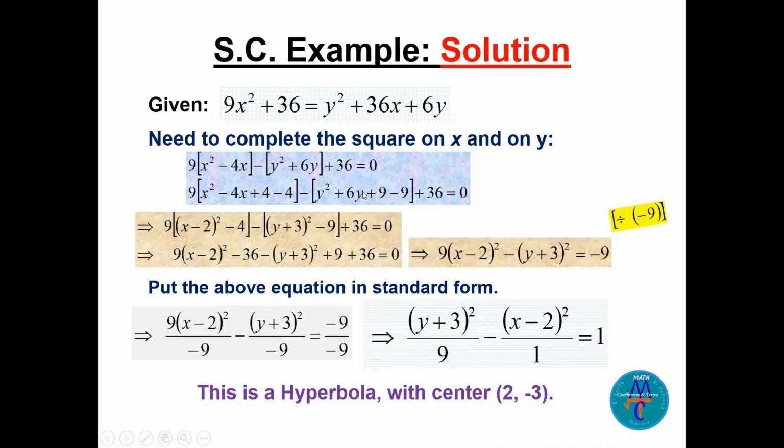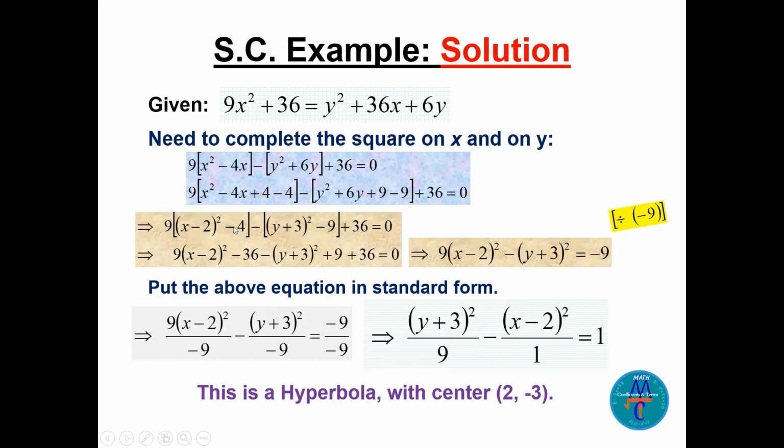If you need more examples on completing the square, you can refer to lecture number 22 in the algebra course. So we will have 9 in the bracket, x squared minus 4x plus 4. This is complete, or perfect, we call it. x minus 2 squared, and then there is a minus 4. Leave it. y squared plus 6y plus 9 becomes y plus 3 squared minus 9.